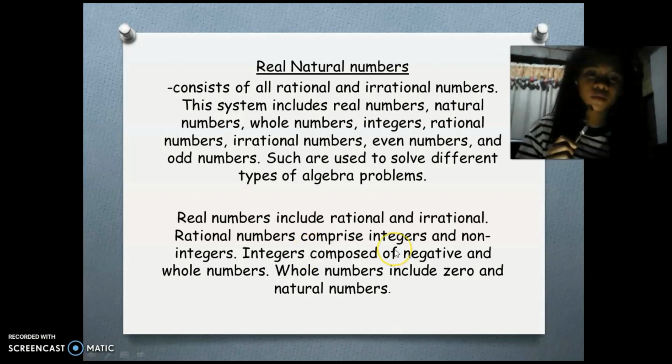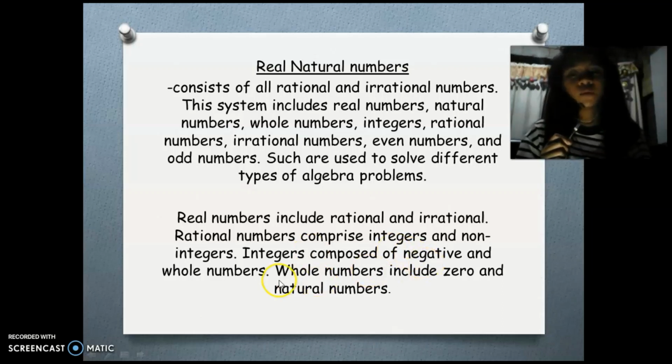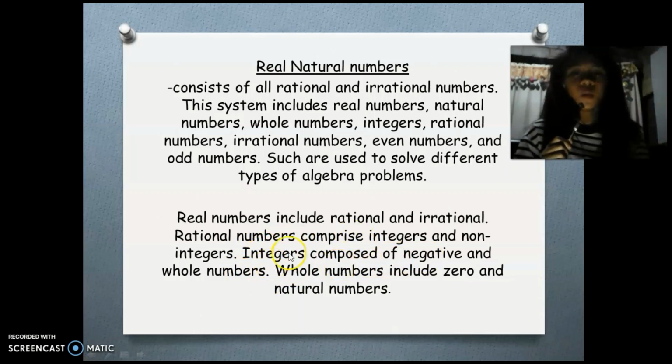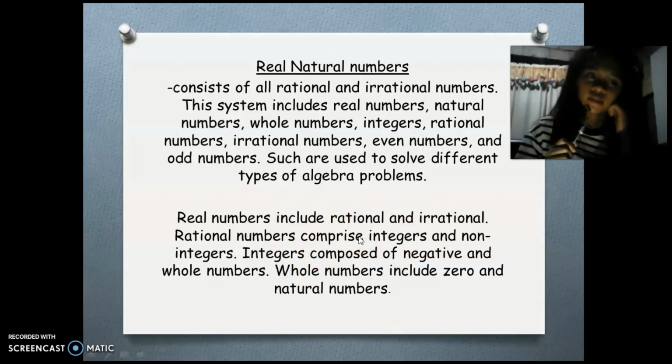Integers are composed of negative and whole numbers. Whole numbers include zero and natural numbers. Take note that integers are composed of negative and whole numbers. We will encounter that later.